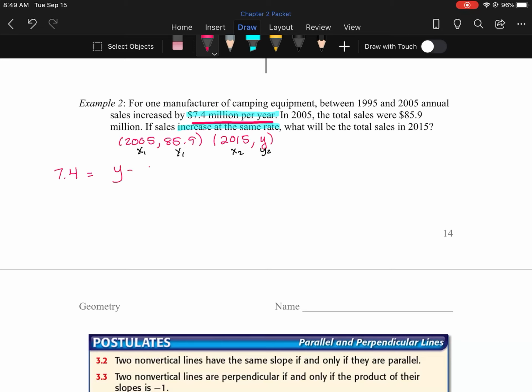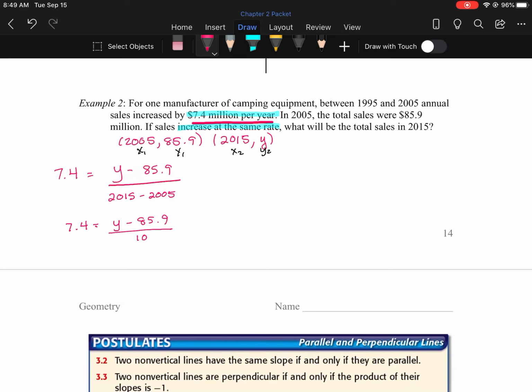So it's going to be y minus 85.9 all over 2015 minus 2005. Right, so if I subtract those two, I get 7.4 equals y minus 85.9 all over 10.